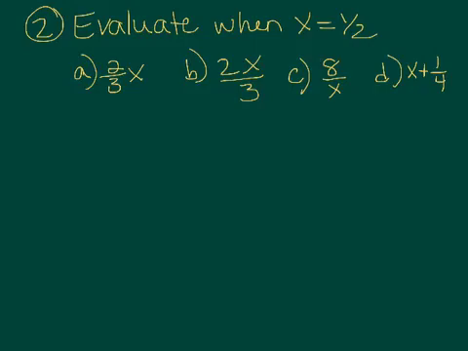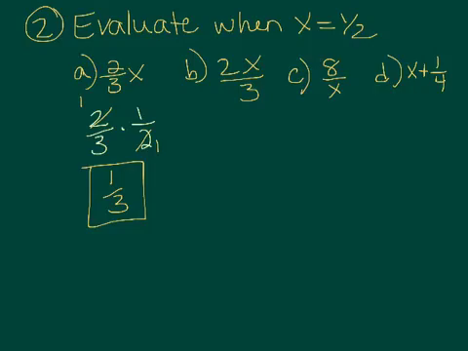So then, for the first one, we have 2/3 x. Remember, once again, it means 2/3 times x. So I'm going to go ahead and rewrite it as 2/3 times 1/2. And just use what you know about multiplying and dividing fractions. You're going to cross-cancel your 2's. You end up getting 1/3.